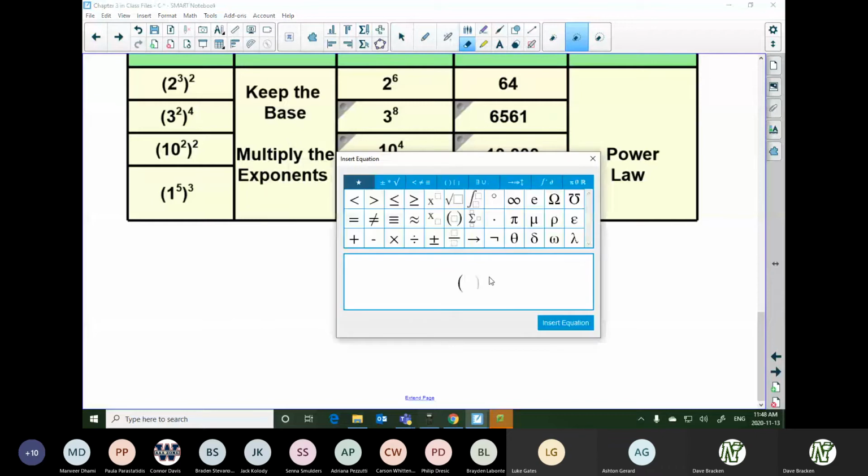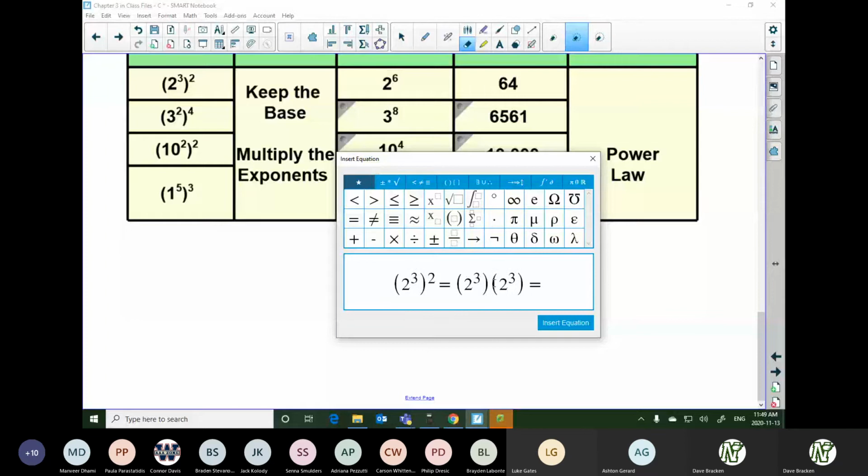In a long way, do you see 2 to the power of 3, and this whole thing is being squared? Well, what does it mean when we square something? When we square something, we just take 2 to the power of 3 and multiply it by 2 to the power of 3. That's all 2 to the power of 3 squared is: 2 to the power of 3 times 2 to the power of 3.